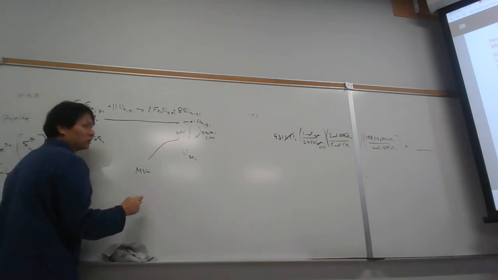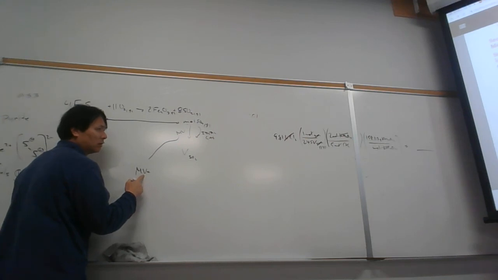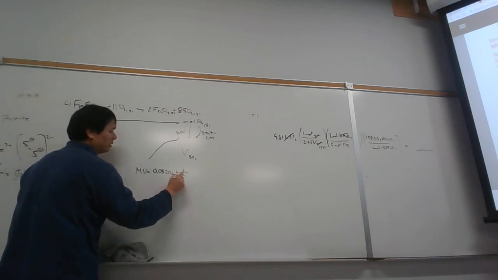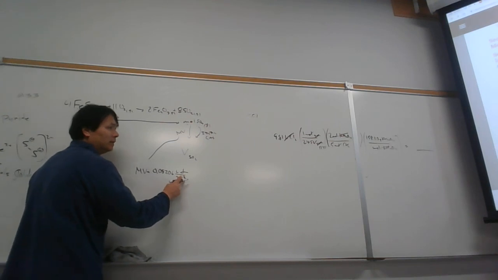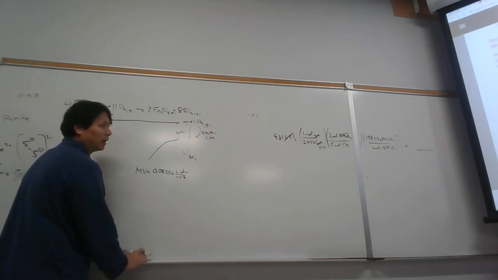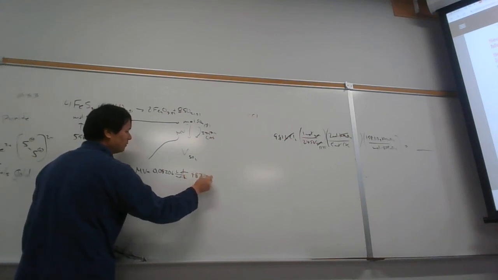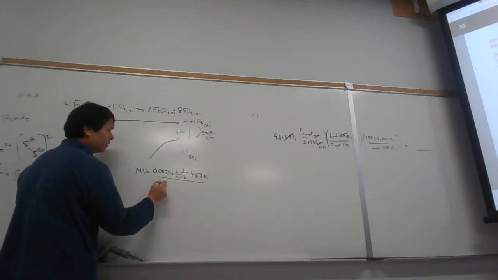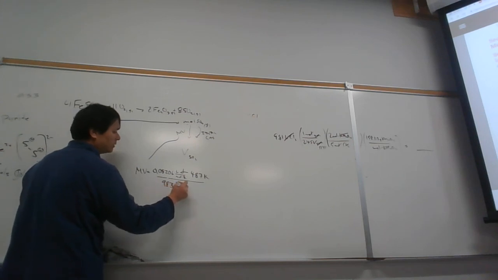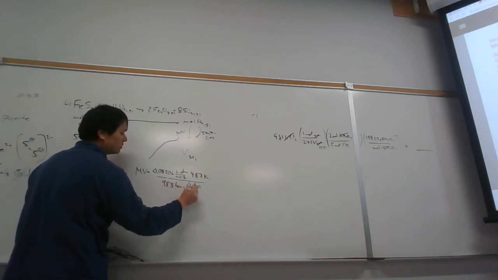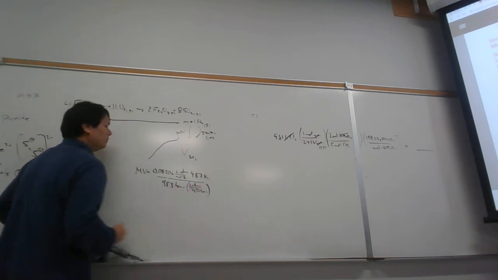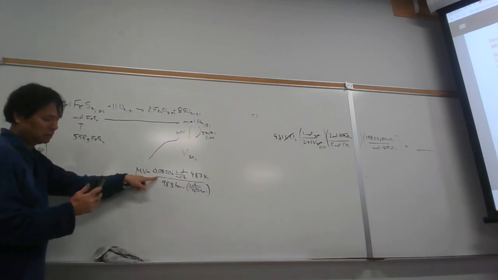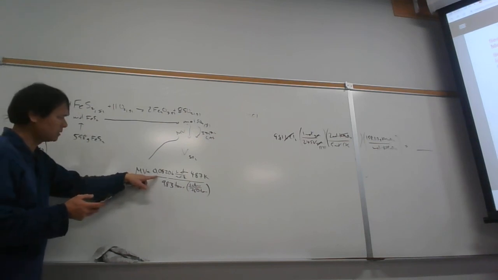Molar volume is equal to RT over P. So 0.08206 liters times atmosphere per mole kelvin times T, which is 214 plus 273, 487 Kelvin, over P. P is 983 torr, and then I need to convert that to atmosphere. 1 atmosphere is equivalent to 760 torr exactly. So I need a new molar volume here.